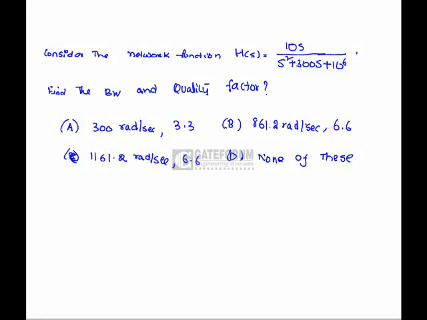The network function H of s is given in the question itself. Find the bandwidth and the quality factor for the given network function. Here we know that bandwidth is nothing but resonant frequency divided by Q. The resonant frequency omega naught is 1 by under root 10 power 6, that is 10 power 3 radians per second, and the bandwidth is 300.